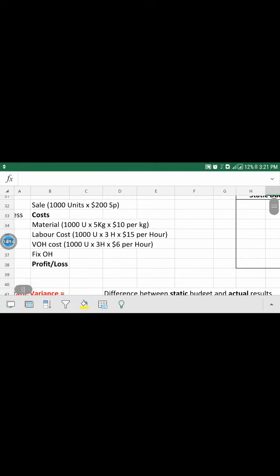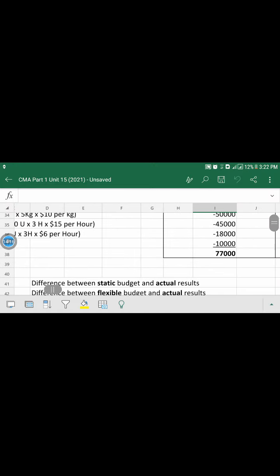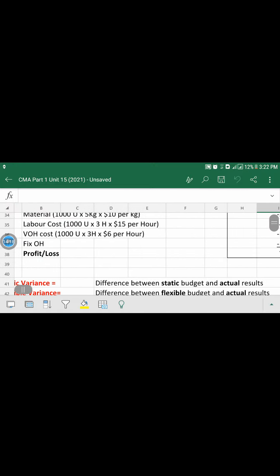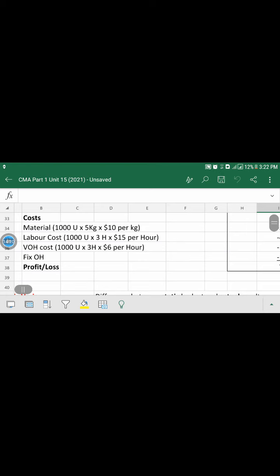So simply this is defining the static budget. This much profit you will get at the beginning of the period, we could know. So here we can now see that the static profit is 77,000, right?